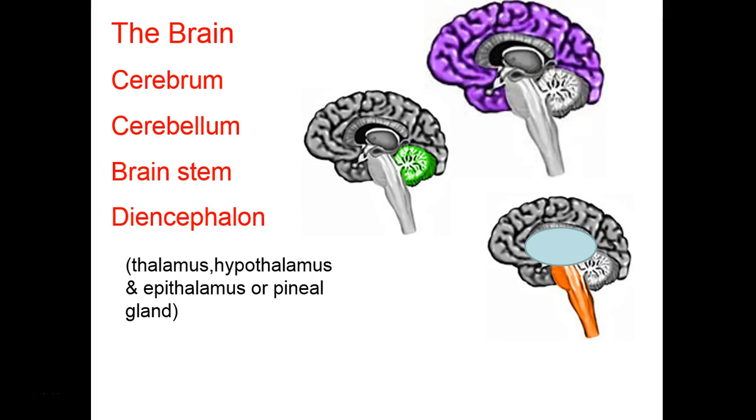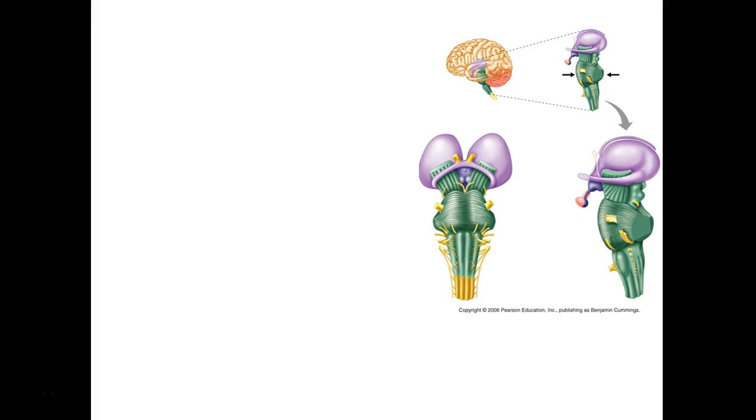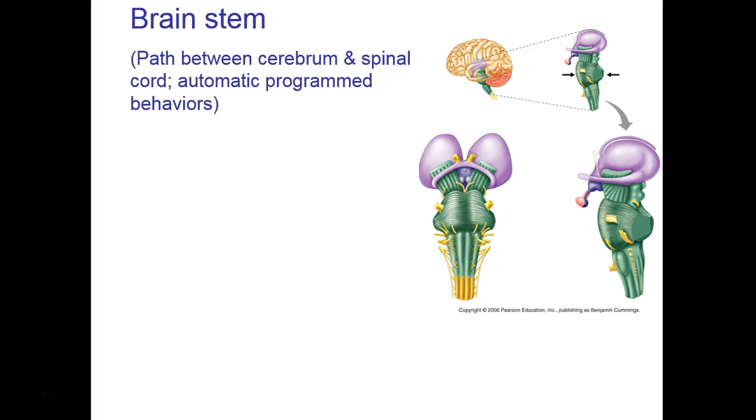The diencephalon is actually made of the thalamus, the hypothalamus, and the epithalamus, or the pineal gland. So let's look at the brainstem. Your brainstem actually is composed of 3 structures. The structure that joins with the spinal cord, which is the link between the spinal cord and the brain, is called the medulla, sometimes medulla oblongata.